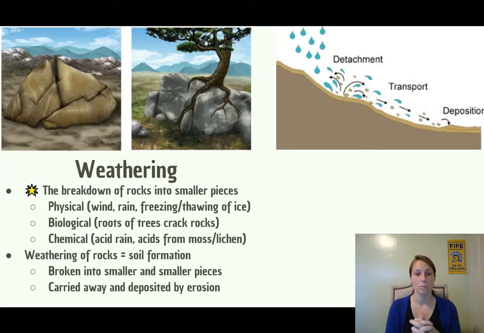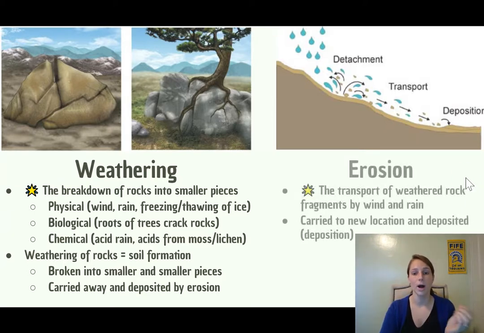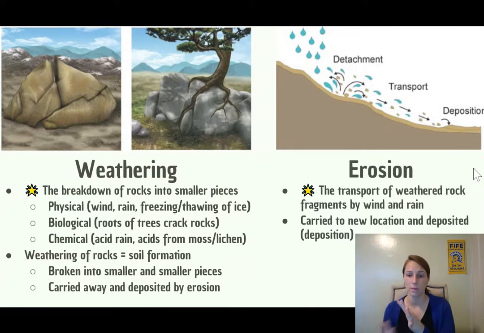And when you have this weathering, you then have the second part, which is going to be erosion. And erosion is going to take away these little pieces of rock and is going to deposit them in other places. So erosion is the transport of weathered rock fragments by wind and by rain.